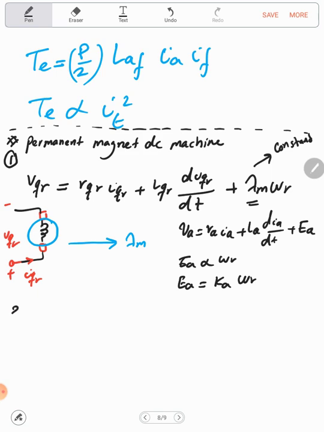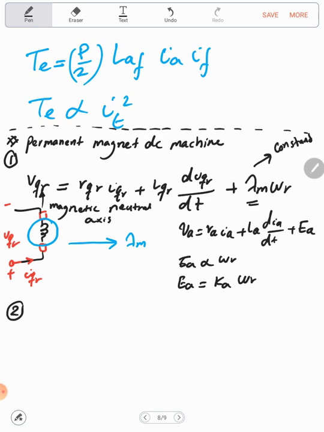The second point I need to highlight is the position of the brushes. In general, we place the brushes in the magnetic neutral axis.